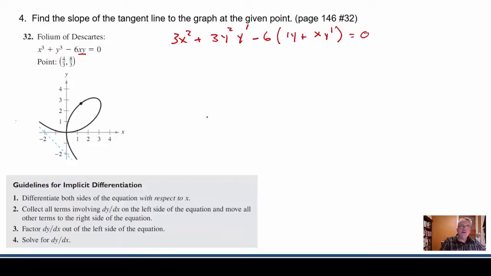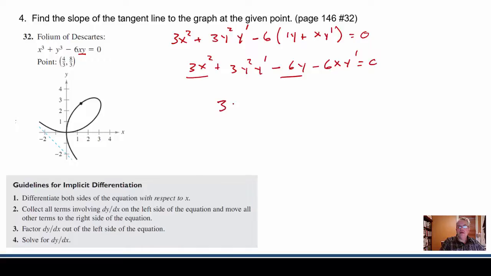Okay, so we did the calculus part. Now I'm going to do some algebra. We want to get all the terms with y prime on the left, the terms without y prime on the right. So if I distribute, I get 3x squared plus 3y squared y prime minus 6y minus 6x y prime equals 0. So this term and this term have to go on the right side, and the second term and the fourth term can stay.